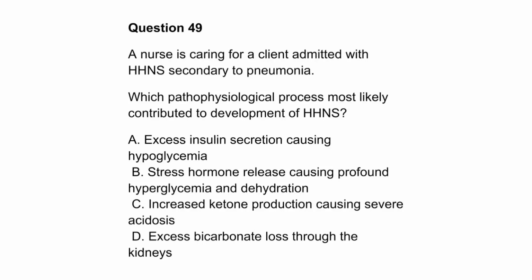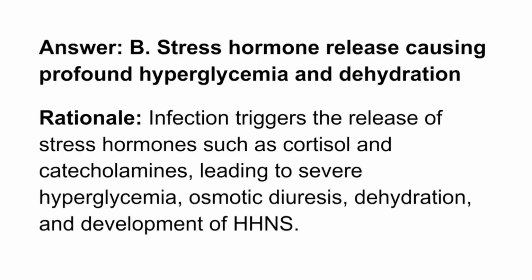D. Excess bicarbonate loss through the kidneys. Answer: B. Rationale: infection triggers the release of stress hormones such as cortisol and catecholamines, leading to severe hyperglycemia, osmotic diuresis, dehydration, and development of HHNS.